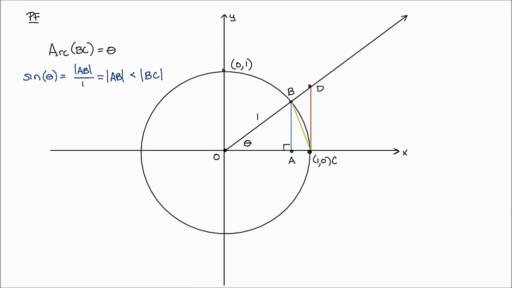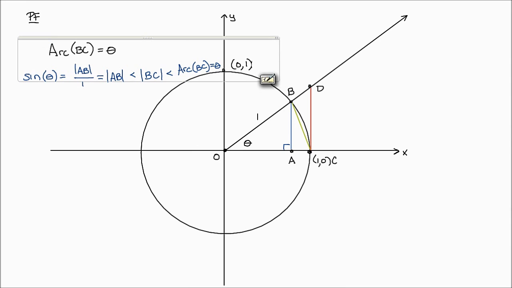That chord length from B to C has to be a little bit greater than the leg length from A to B. And of course, that chord length is going to be slightly less than the arc length from B to C, which we've described as theta. Okay, so that's an important statement.